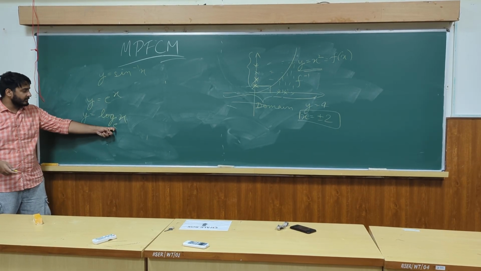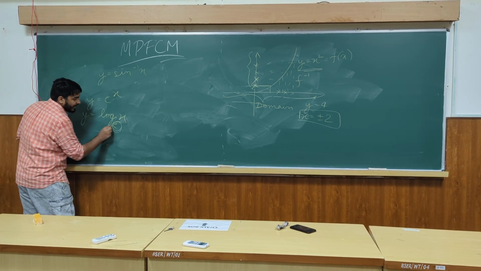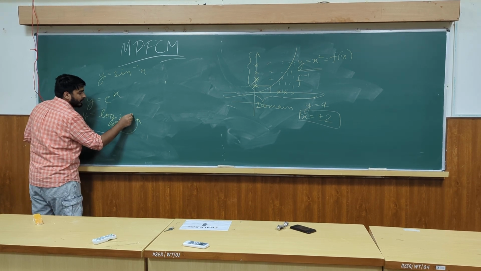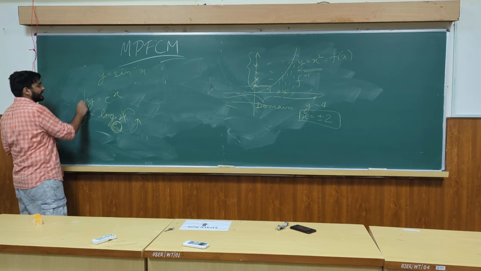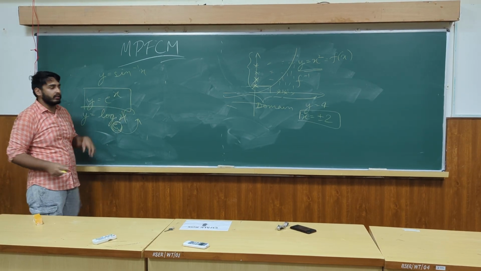What it means is, at what power should I raise my e in order to obtain an x, and that value is the value that I get from this original function.